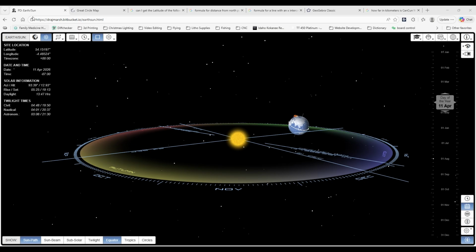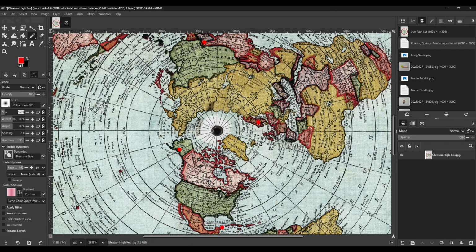I picked two pairs of cities that are on opposite sides of the Earth that were approximately the same latitude as one another. I used Anchorage, Alaska, which is right here, and Oslo, Norway, which is right here at about the same latitude. And then I also picked Cancun, Mexico, which is down here at the bottom, and Hanoi, Vietnam.